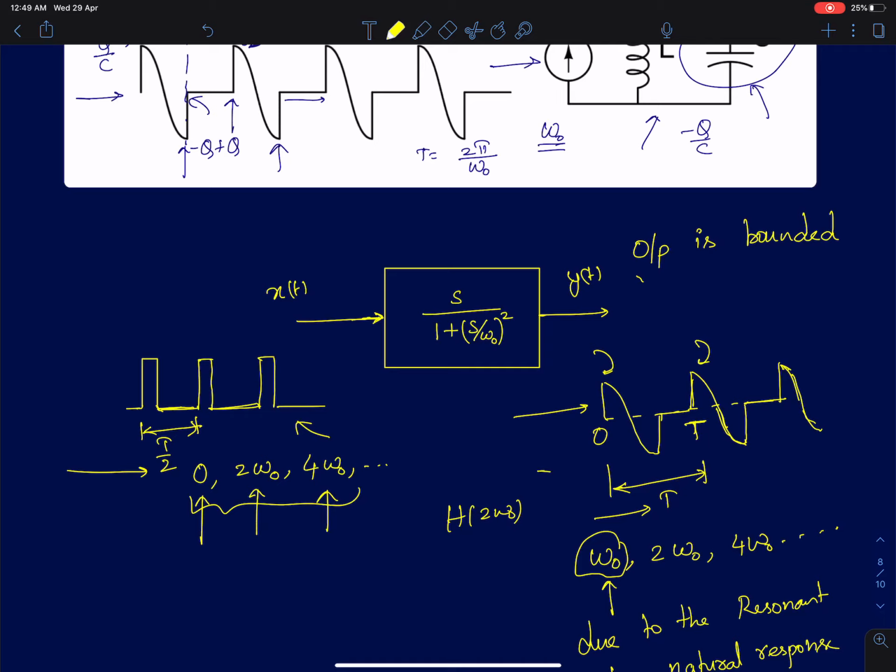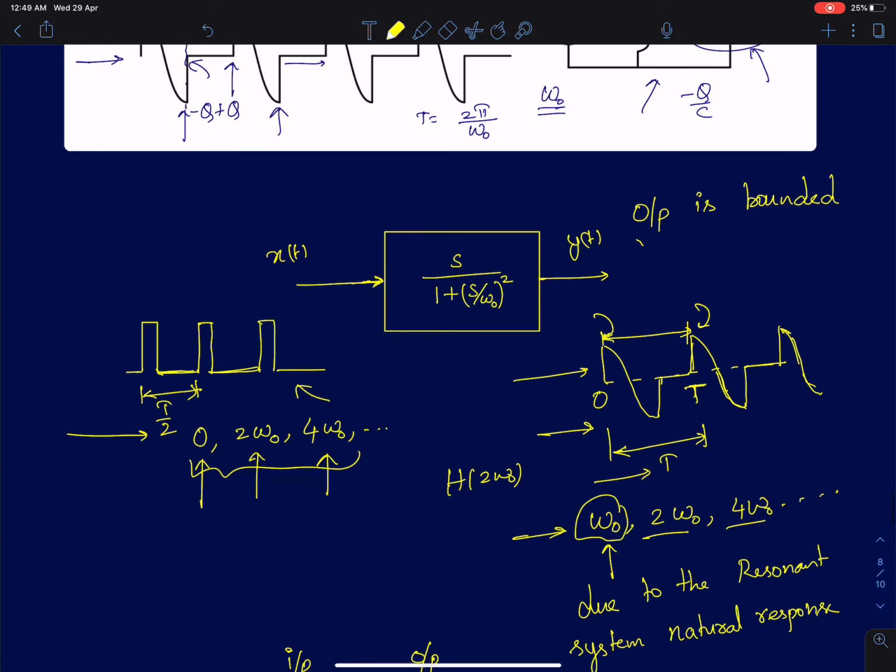But if you look at the output here, the fundamental time period at the output is T, and we know that corresponds to a frequency of omega naught. I'll do an intuitive analysis in a few moments. The output signal will actually have energy at omega naught, 2 omega naught, 4 omega naught, and so on. That's the interesting difference here.